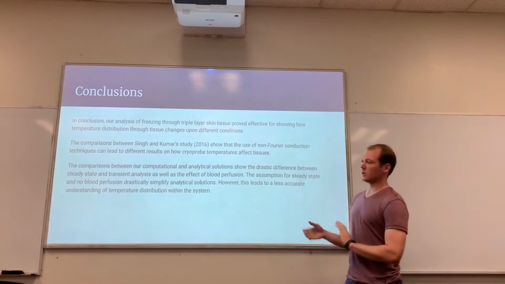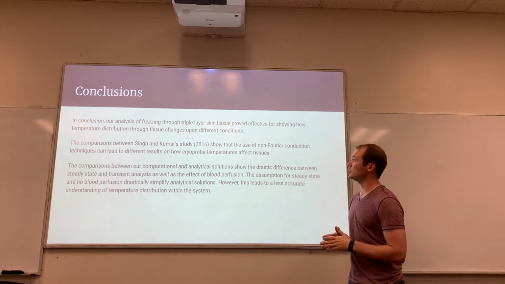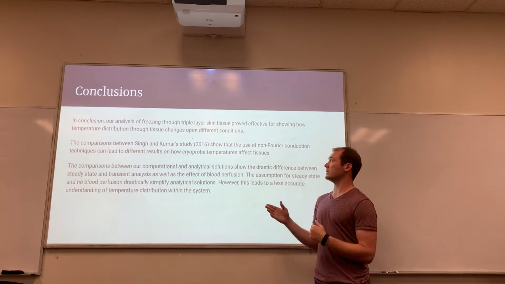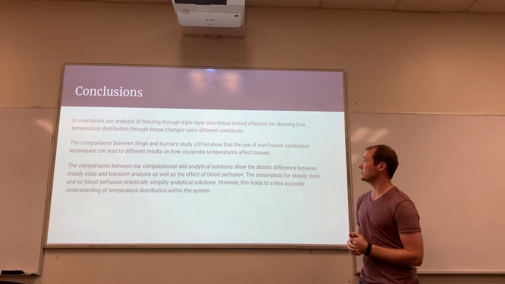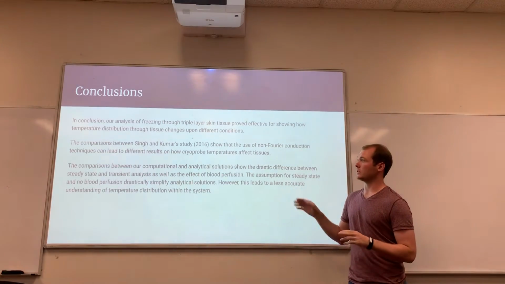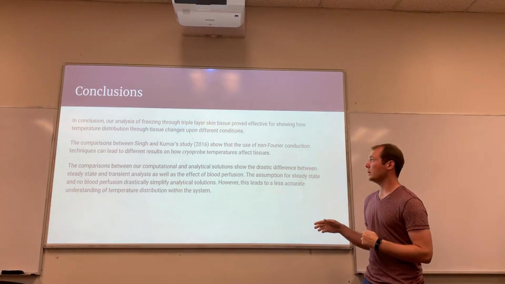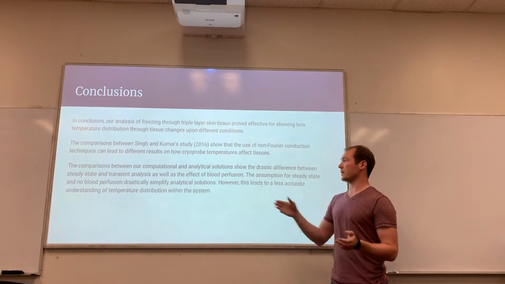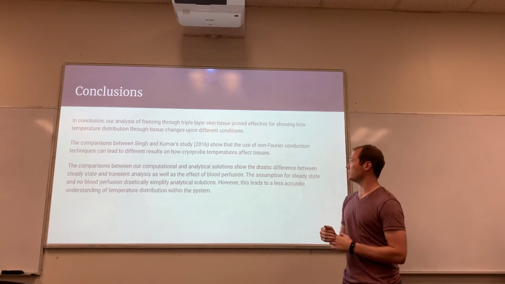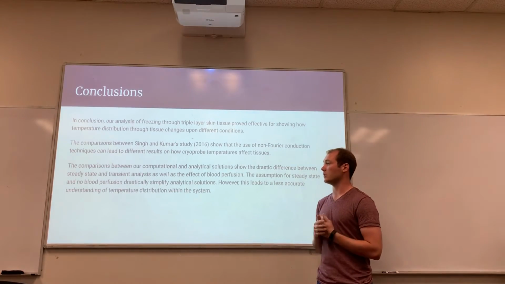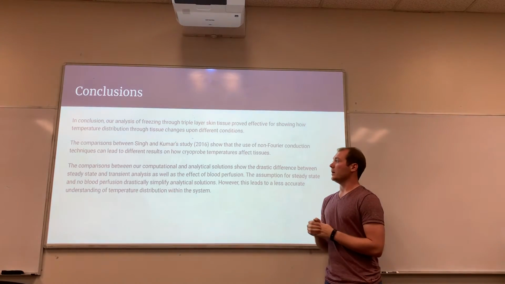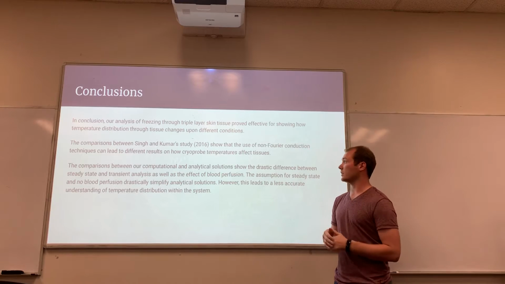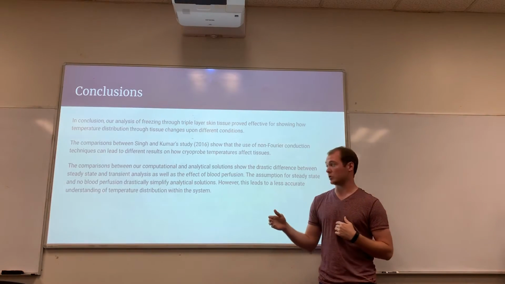So to summarize our analysis and research, we found that freezing through the triple layer skin tissue proved effective for showing how temperature distribution changes upon different conditions and assumptions. The comparisons to the Singh and Kumar study show that the use of the non-Fourier heat conduction, as previously stated by Amanda, can lead to different results, or how the cryoprobe temperature affects the tissues.